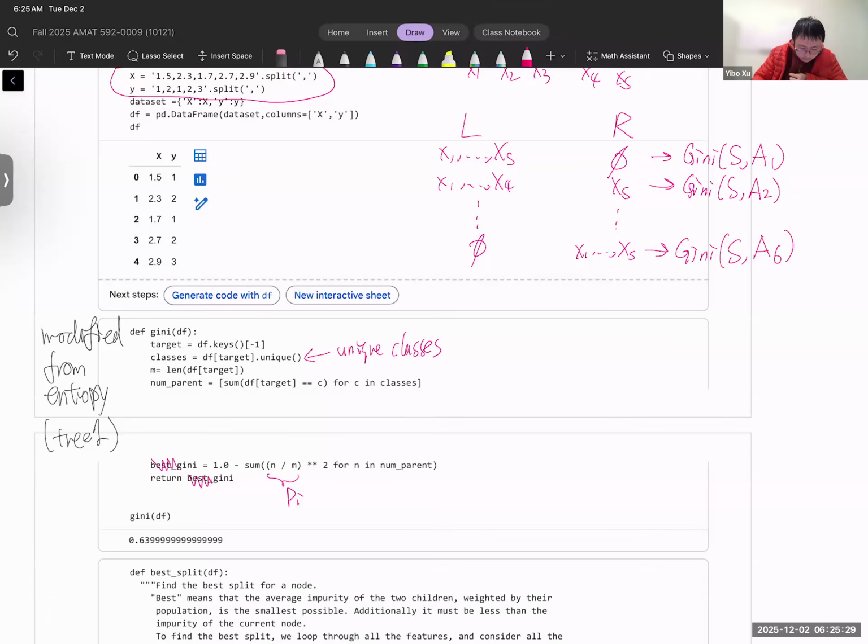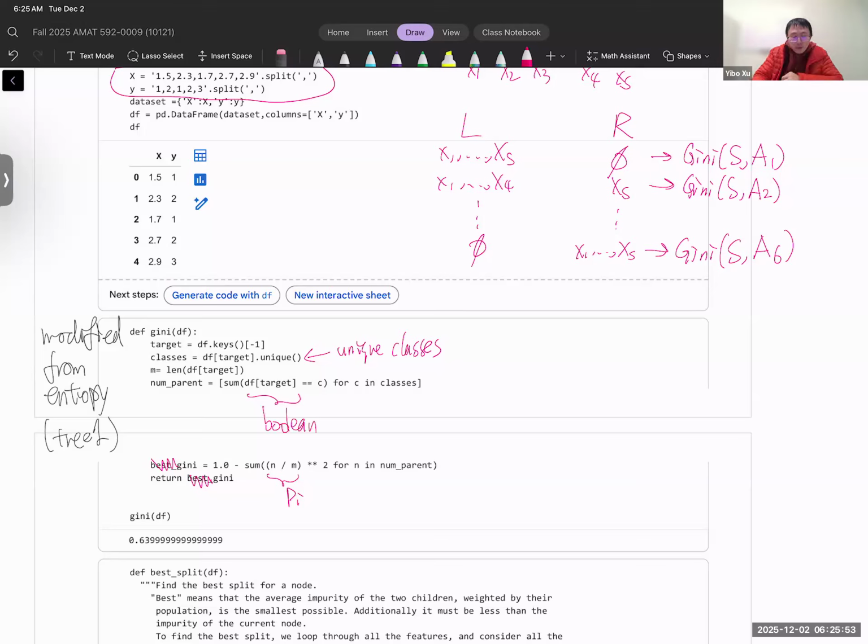So n parent is actually the number of data within the data set that has the same target value C, right? So for all the classes, you are separating the number of data there. So this is Boolean, right?